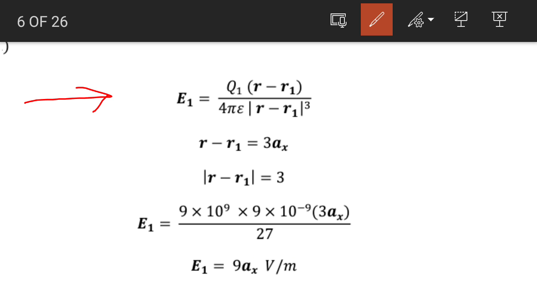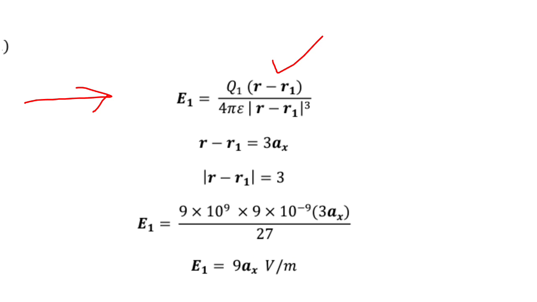R1 is the position vector of the source, and 1 over 4 pi epsilon naught will be equal to 9 into 10 raised to power 9, and then we need to calculate the magnitude of this vector, and we need to calculate the cube of the magnitude of this vector.